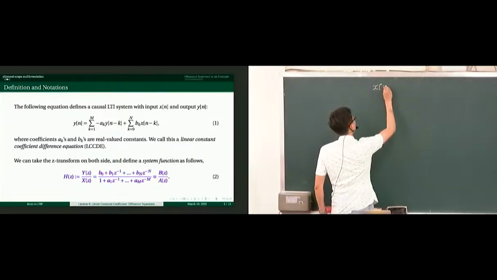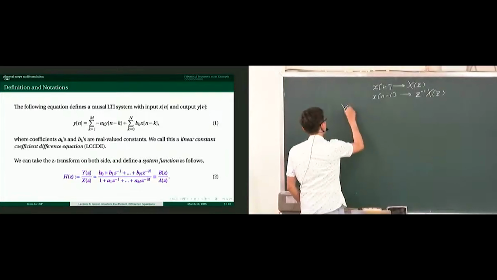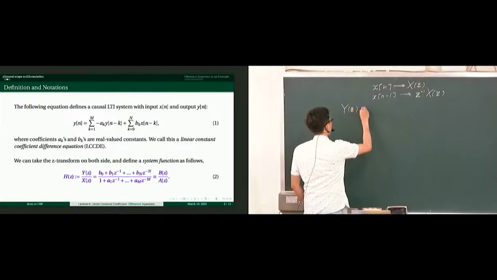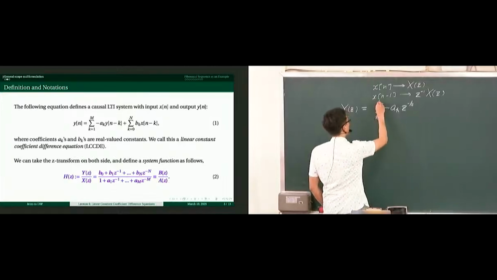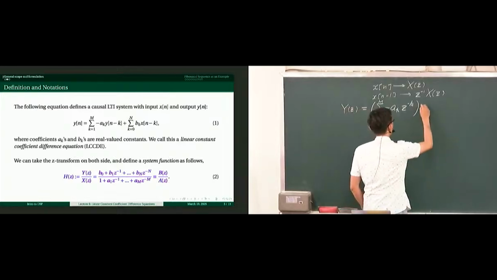You can figure out that on the left, we will have Y of z equals the summation of minus a_k, z to the minus kth power, with the k index remaining the same, with limits from 1 to M. That looks like a polynomial.